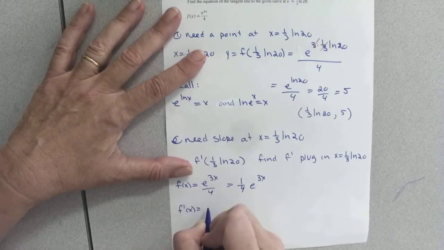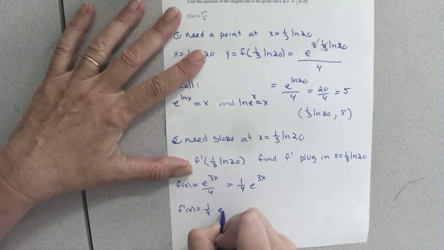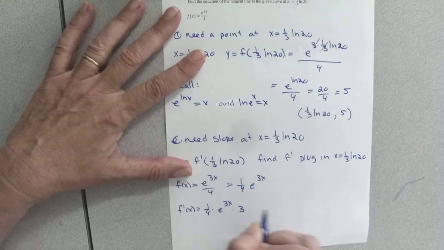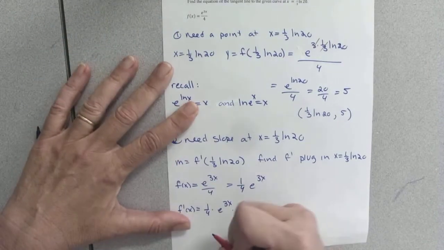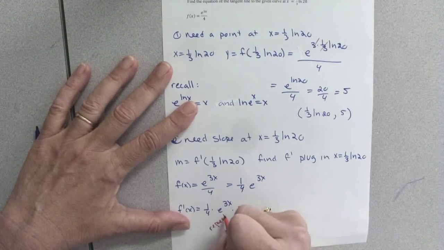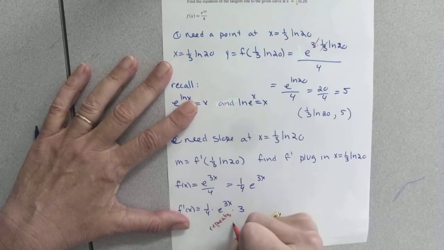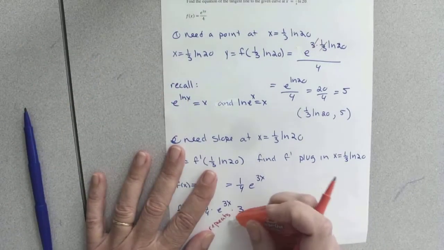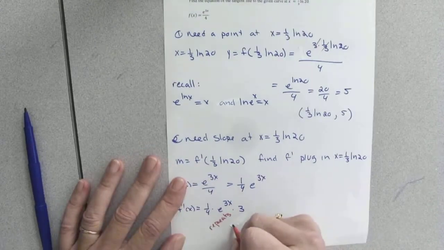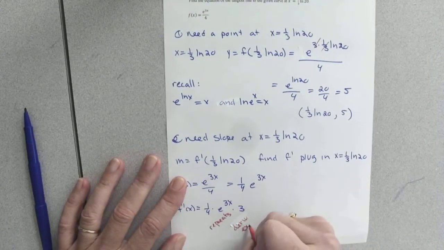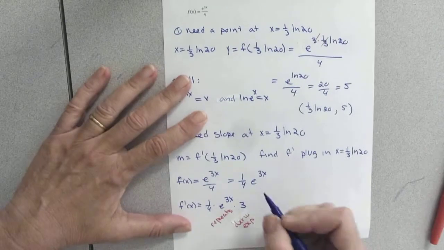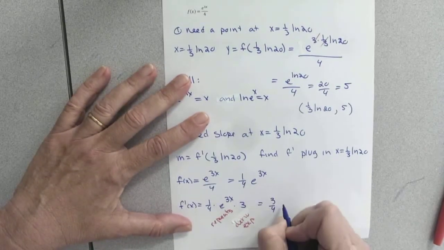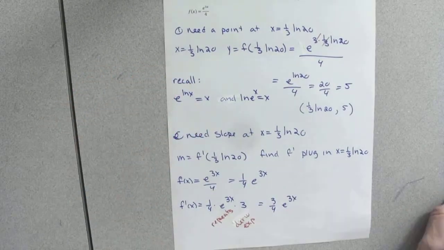And so then my derivative: the coefficient just stays, repeats, times the derivative of the exponent. And so I've got 3/4 e to the 3x is my derivative.